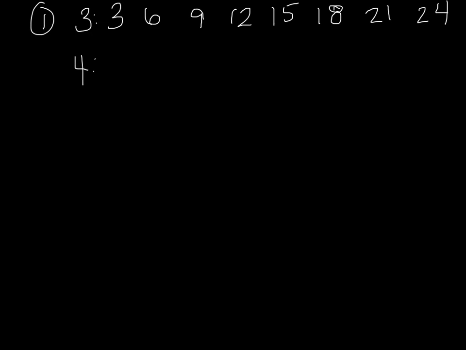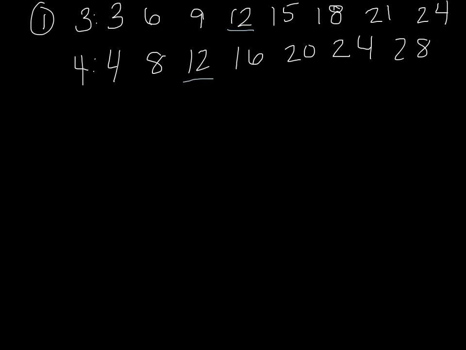Then for 4, I can go 4, 8, 12, 16, 20, 24, 28. Okay, so let's first find all the common multiples. They both have a 12. So that means it's a common multiple. Then I see they also both have a 24.